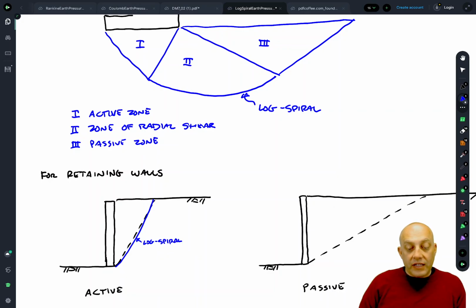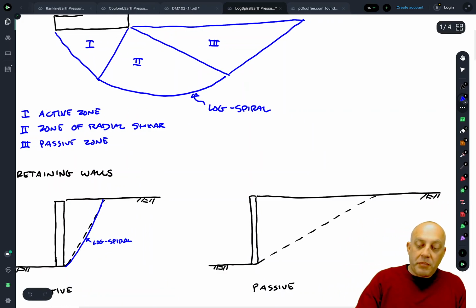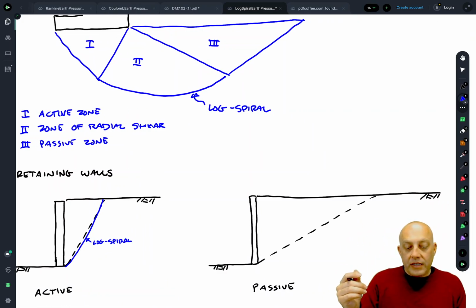You will get a slightly higher earth pressure from this log spiral, but it's so close. They're just so close together that we often do use planar rupture surfaces to determine active pressure using Coulomb or Rankine earth pressure theory.